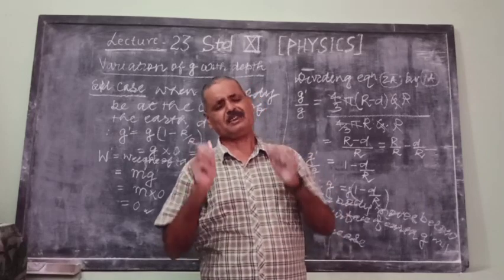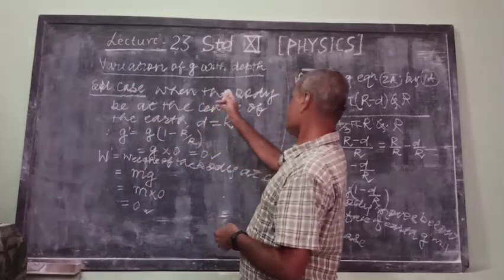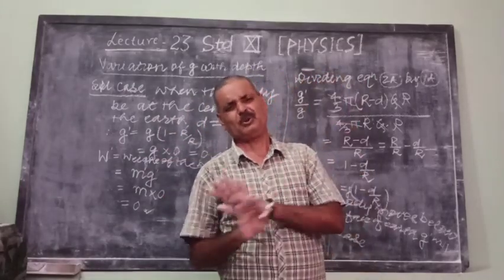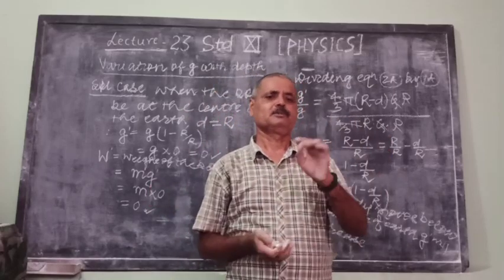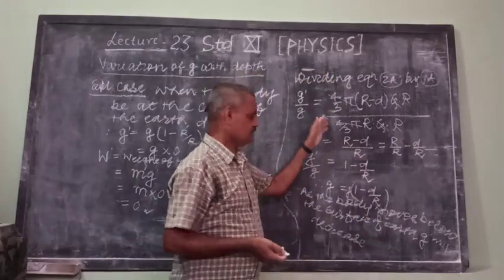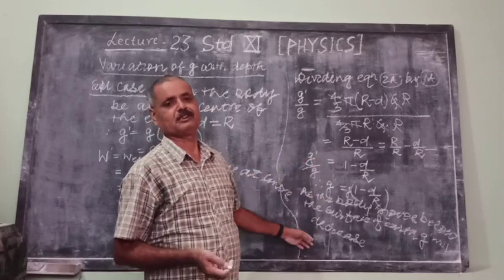That is the final conclusion of the variation of g with depth. So there should be no confusion at all to anyone. If you go through it step by step, it is not difficult. You can easily prove it.